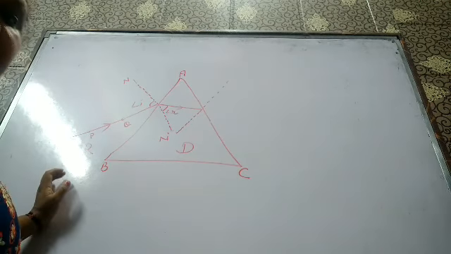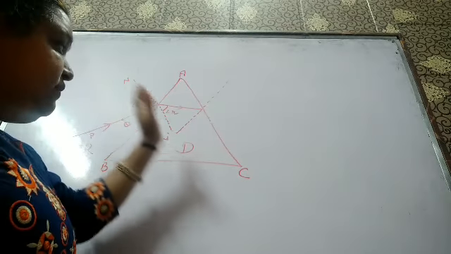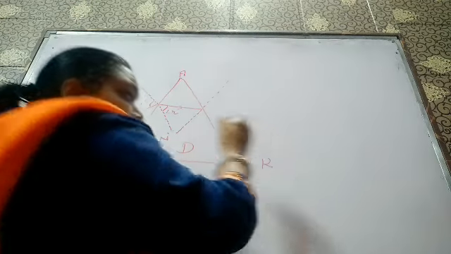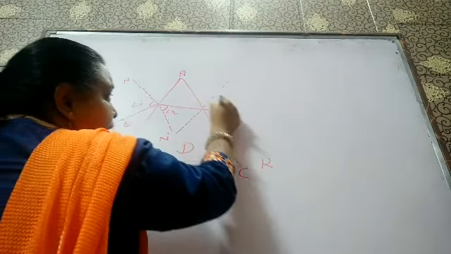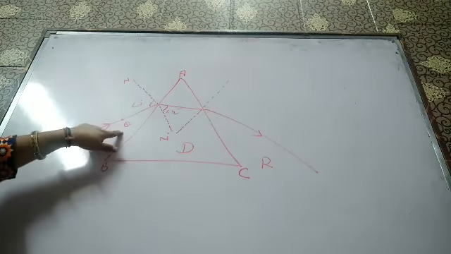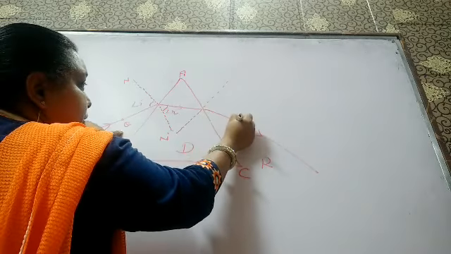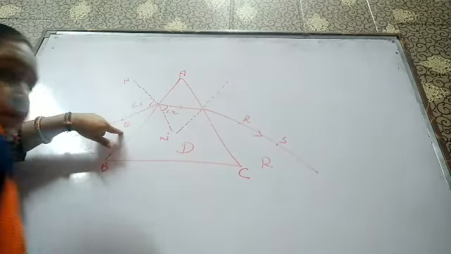We know that whenever light goes from rarer to denser it moves towards the normal, and whenever it goes from denser to rarer medium again, it will move away from the normal. So it will move like this. The images of P and Q I can see here as R and S like this.